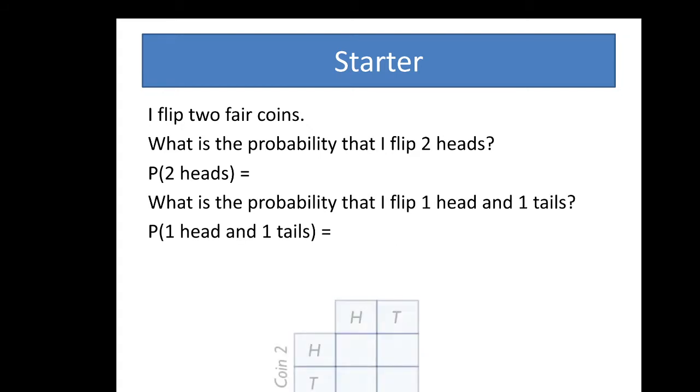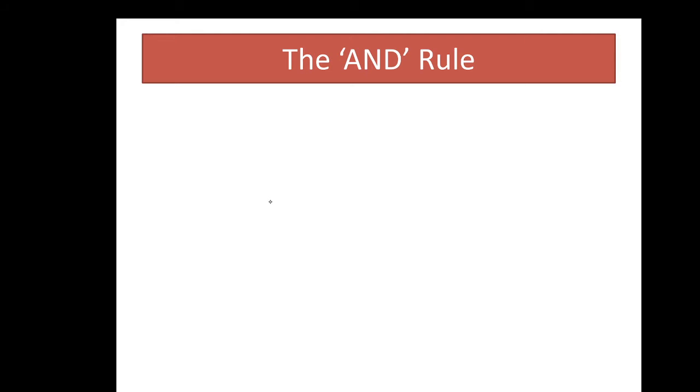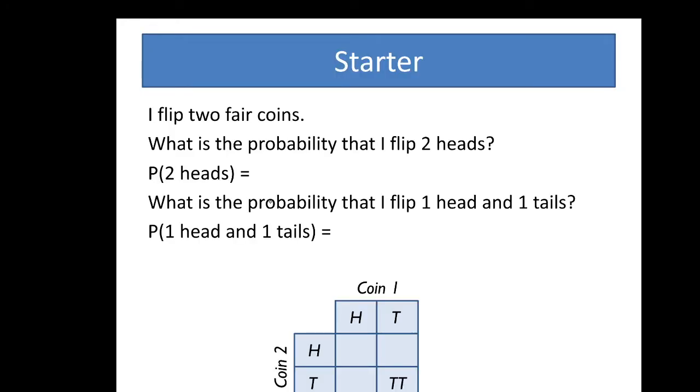I probably would have drawn a diagram and I would have got HH, HT, TH, TT. So 2 heads, 1 out of 4. 1 tail, 1 head, 2 out of 4.